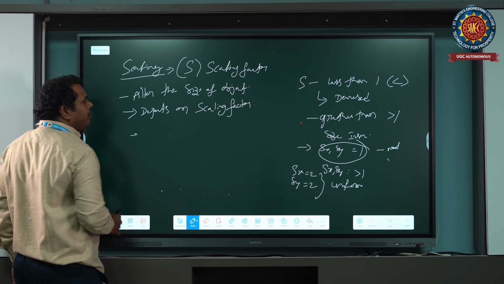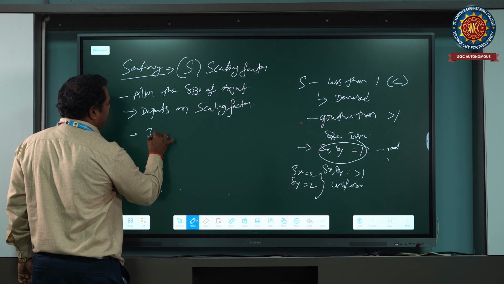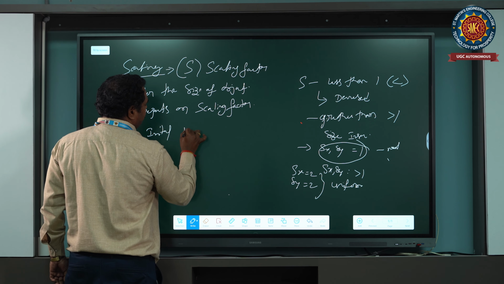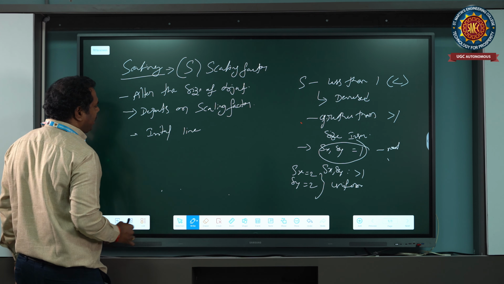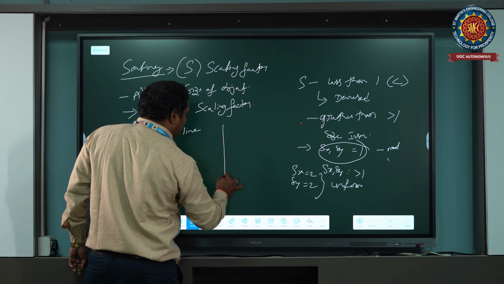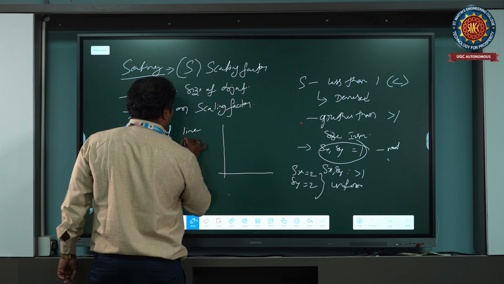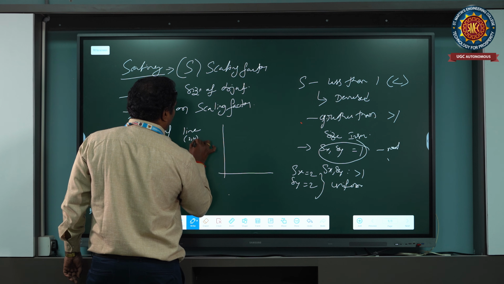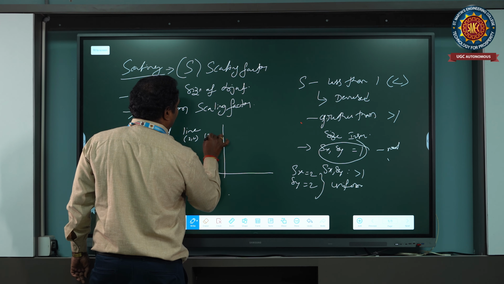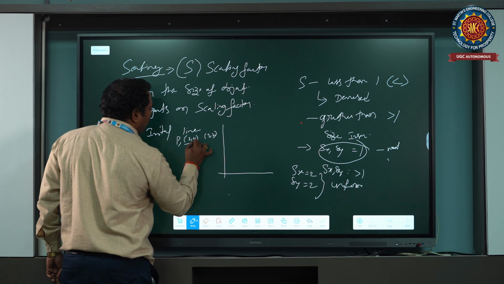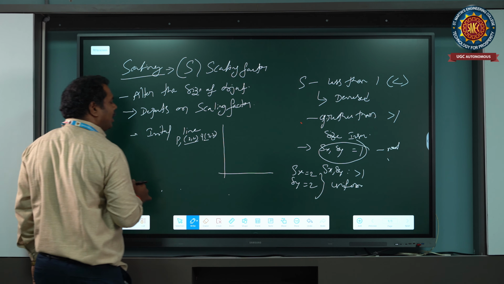Well, initially we are taking an initial point or line, which is the object. I will take a line with point P1 as 2, 2 and point P2 as 3, 2.